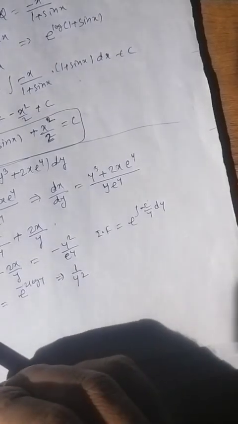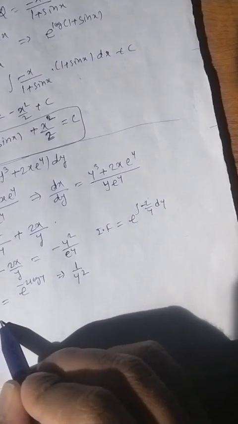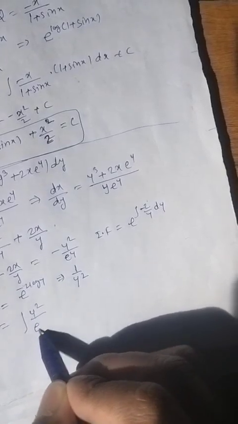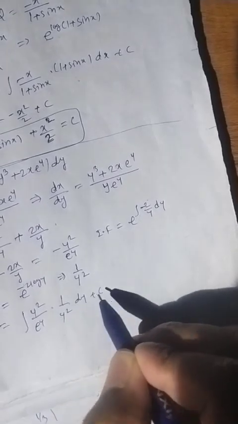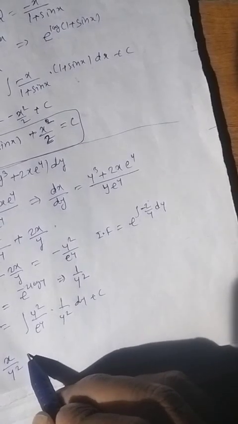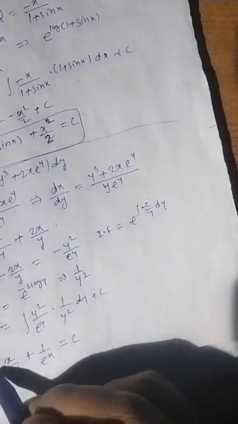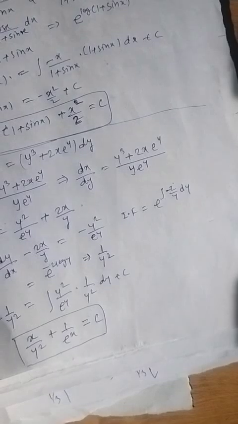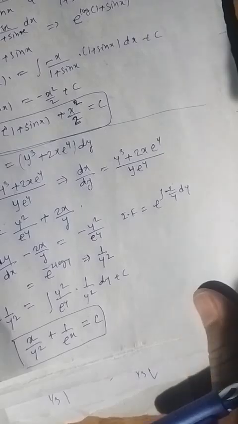So its solution is x into integrating factor 1 by y square equals integration of y square upon e raised to y into 1 upon y square dy plus c. So x upon y square plus 1 by e raised to y is equal to c, is the solution of the Leibniz differential equation.